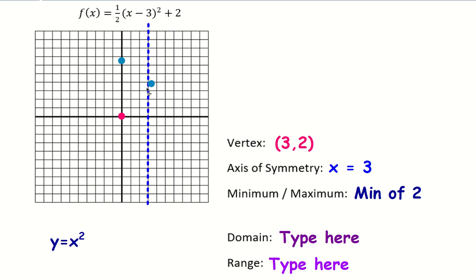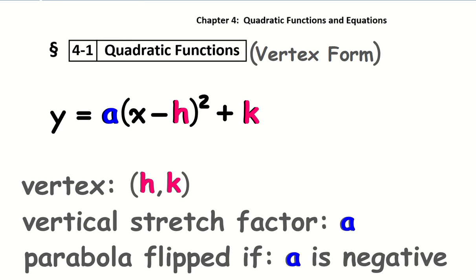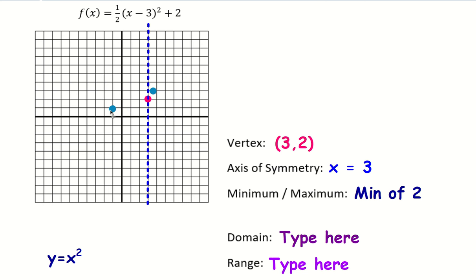So a parabola that actually started like this, right here, when you throw in this minus 3, it would shift it to the right, and then this plus 2 shifts it up. Now, this 1/2 happens to stretch it vertically, and that's why these points ended up like here.